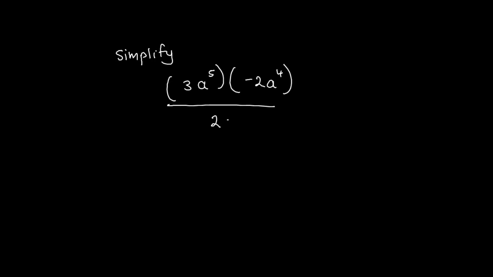Right? So that being said, let us look at algebraic expressions. Let's say we are required to simplify the expression 3a raised to the power of 5, times negative 2a raised to the power of 4, all over 2a raised to the power of 3, right?